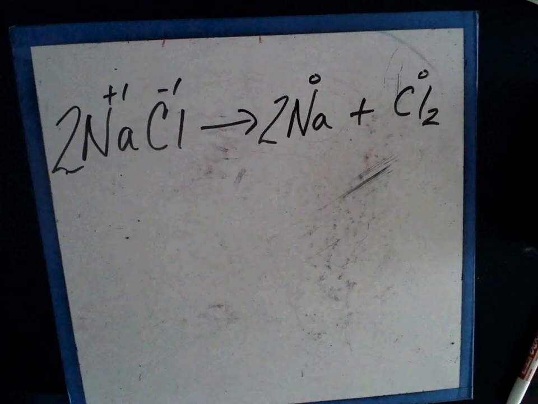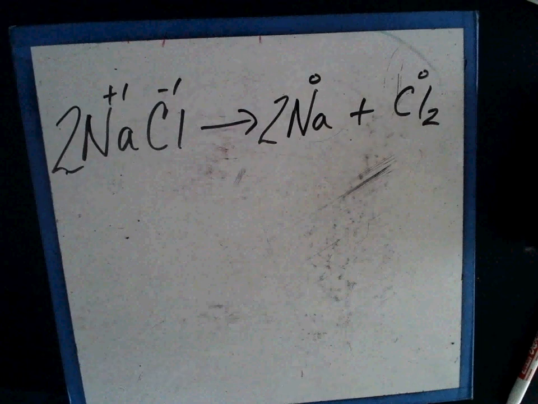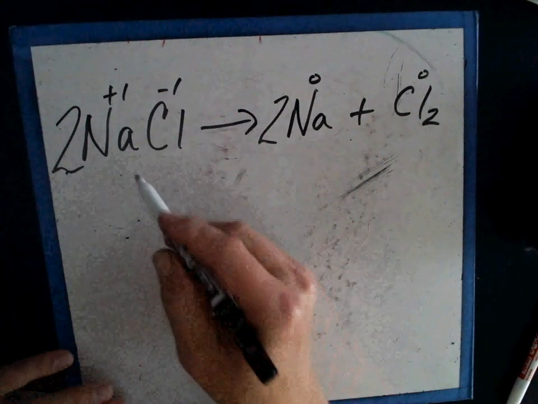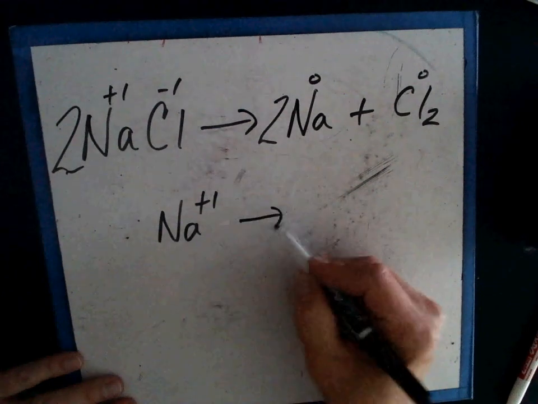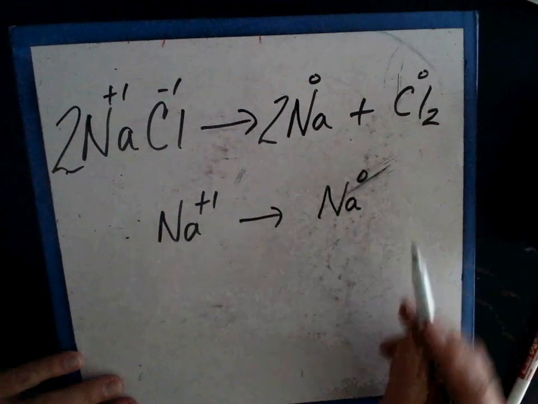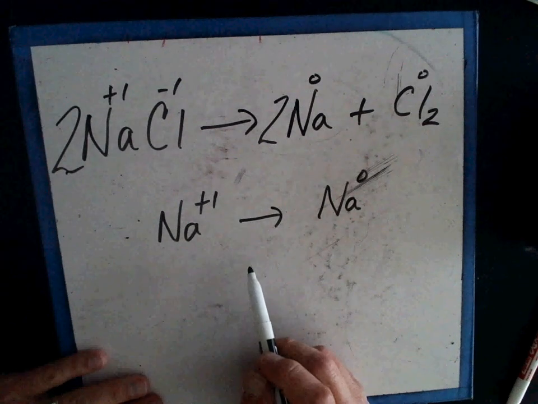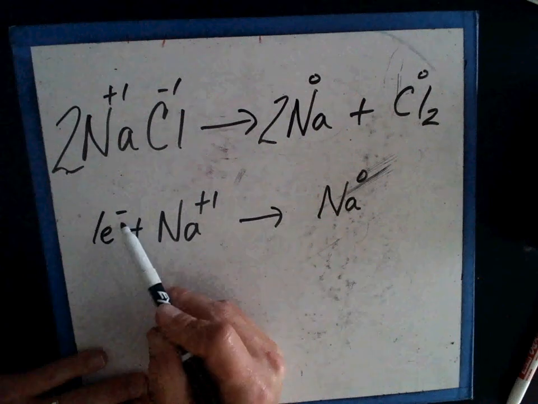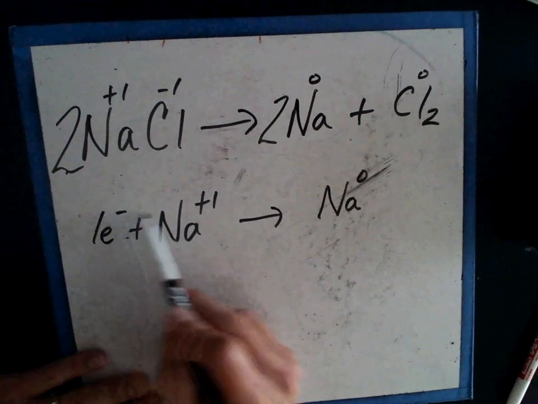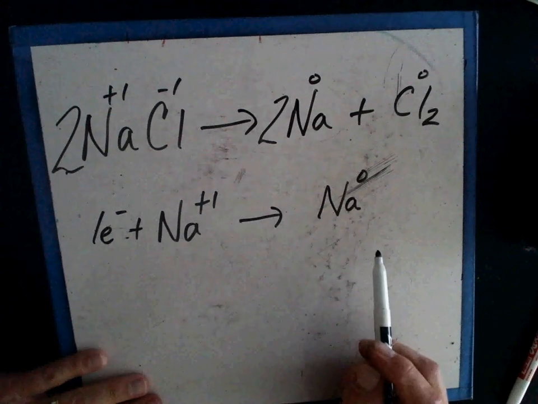So I'm going to walk through the process again as if we haven't seen it at all. So I want to walk through the whole thing. Okay, so here it is. I see that sodium +1 is going to go to sodium that's neutral. Now, how do I do that? I have to add 1 electron. So remember, electrons are always negative, so look at your charges. A -1 and a +1 equals 0.